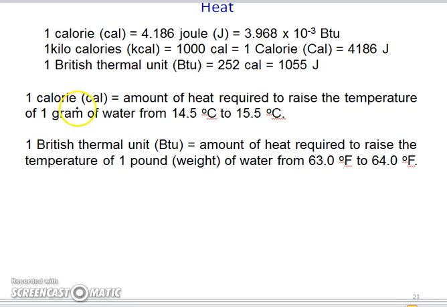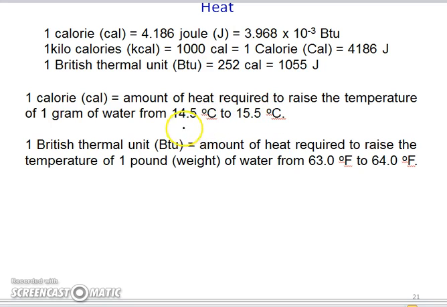So what is a calorie? 1 calorie is defined as the amount of heat needed to raise the temperature of 1 gram of water from 14.5 degrees Celsius to 15.5 degrees Celsius.